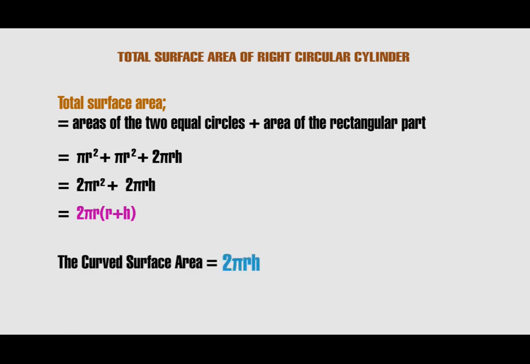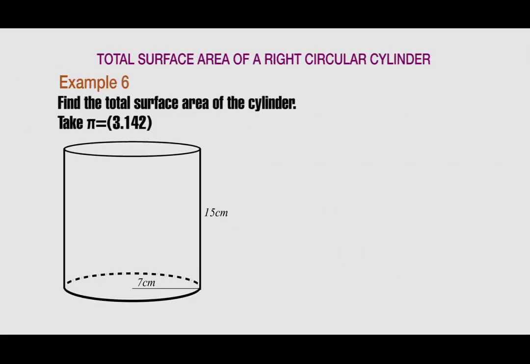Let's look at an example. Find the total surface area of the cylinder you see on the screen. It's a cylinder with circular base, radius 7 centimeters and height 15 centimeters. Now in this question, let's take pi to be equal to 3.142.